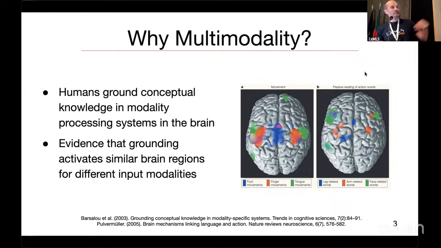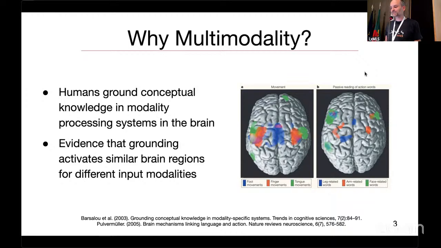This is an image from a famous study by Pulvermuller and colleagues about how when, on the left-hand side, people are performing physical movement actions related to, in blue, foot movements, in red, finger movements, or in green, tongue movements, there is some co-activation in exactly the same locations of the brain when they're reading about these parts of the body. And there's actually much more evidence than this, but I think it's a very compelling starting point for why we should want to do this.